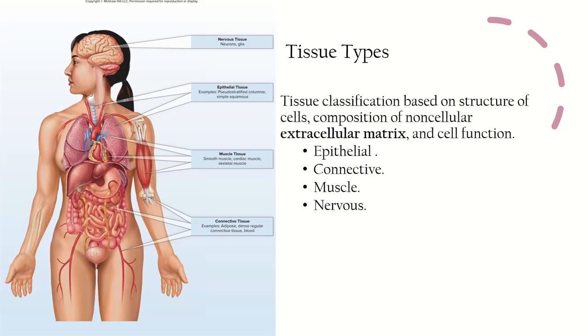So, there are four main types of tissues based upon their structure, the composition of non-cellular components such as the extracellular matrix, and then their function. Epithelial cells, like squamous cells in your lungs, intestinal ones as well.